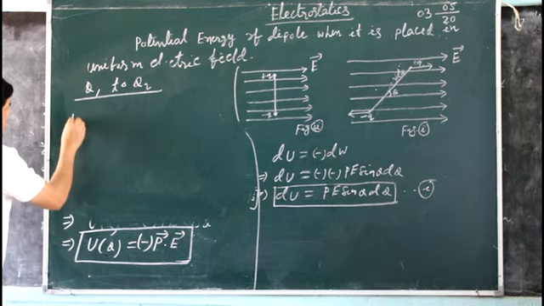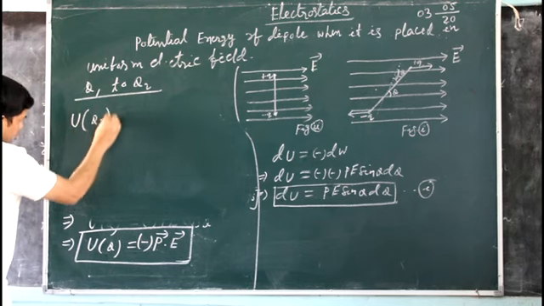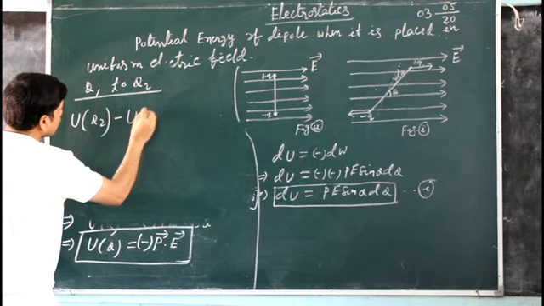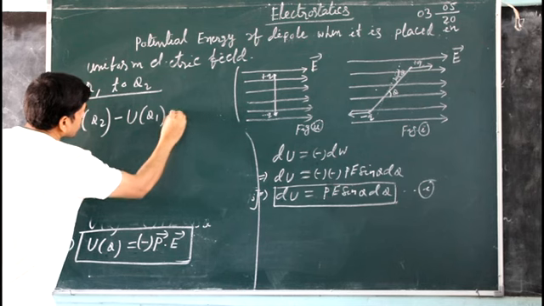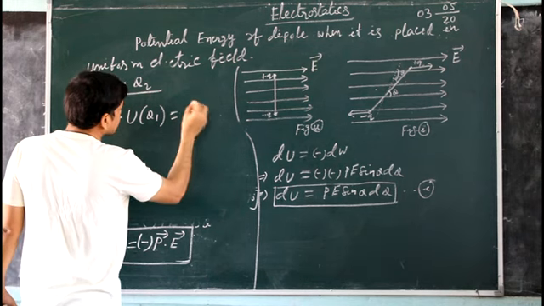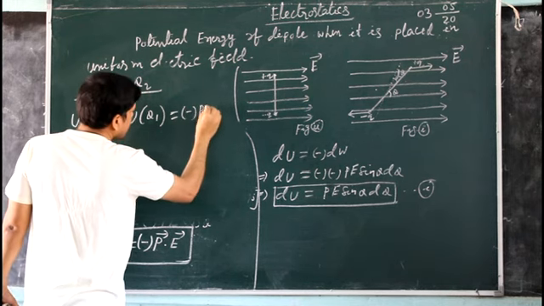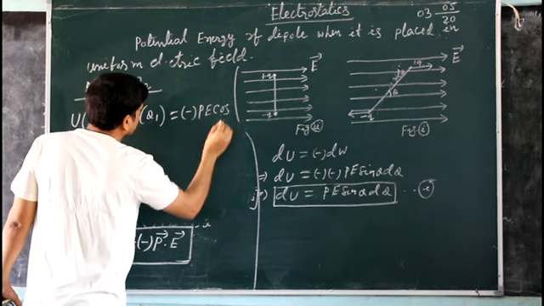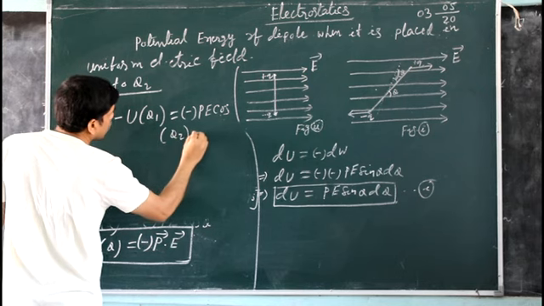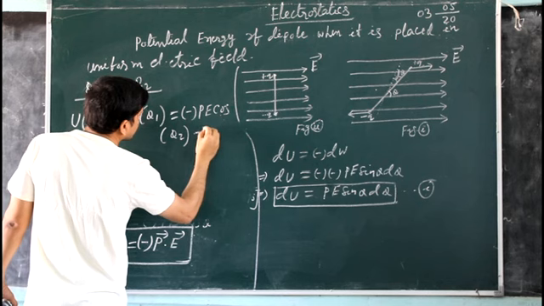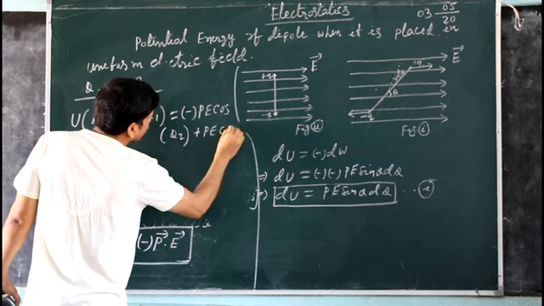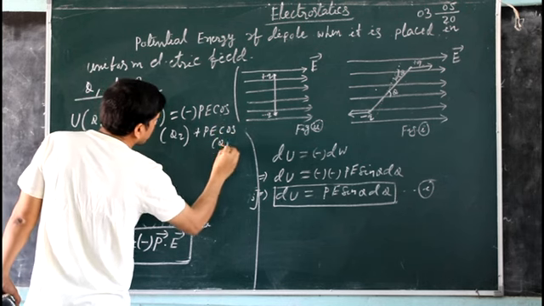Now, the change of potential energy from displacing from angle theta 1 to theta 2, U theta 2 minus U theta 1, using this equation, equals minus PE cos theta 2, minus of minus means it becomes plus PE cos theta 1.